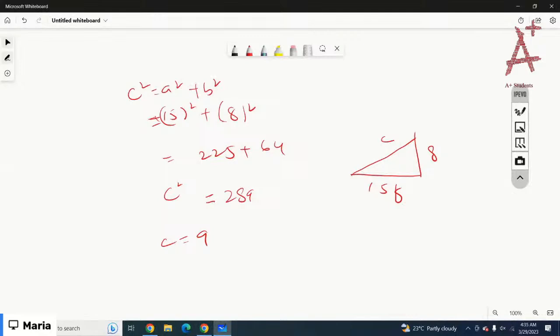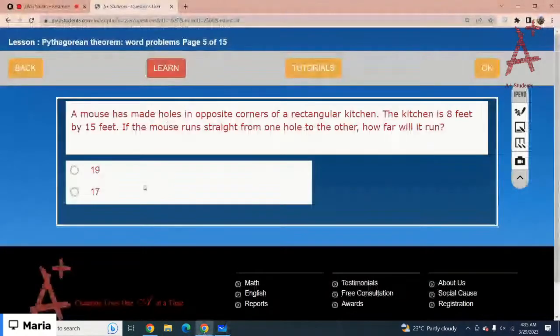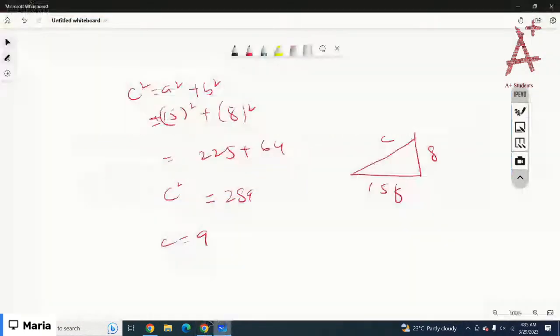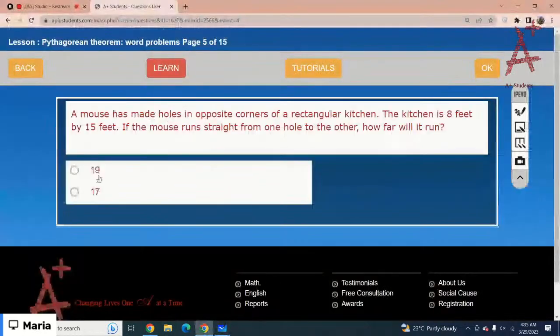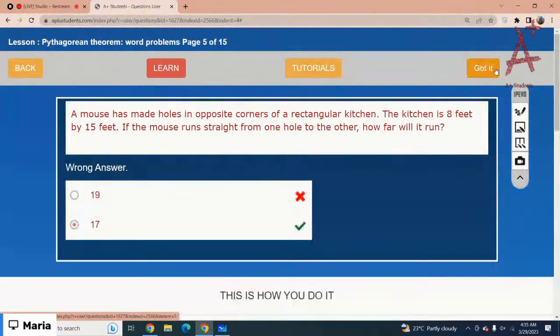So C equals 17, and the correct option is 17.